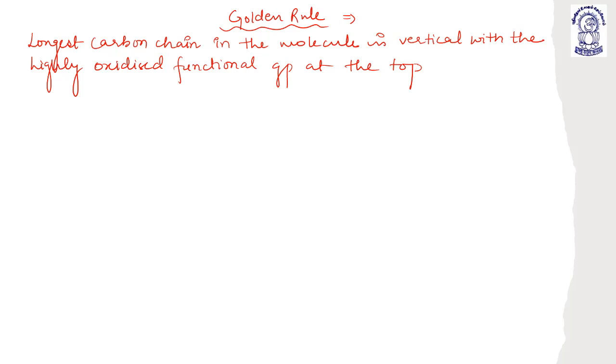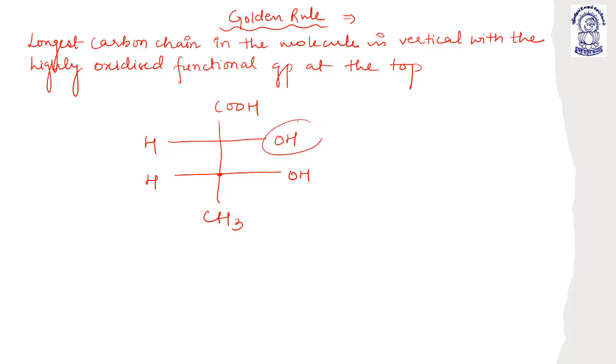Like for example, here CHO is on the top, and this is at the bottom. The longest carbon chain is taken vertical. And this is the lowest chiral center. The OH is on the right side. It becomes the D form. Okay.